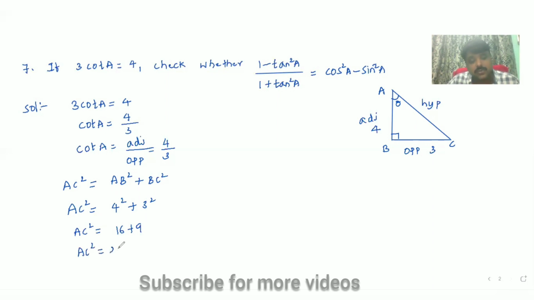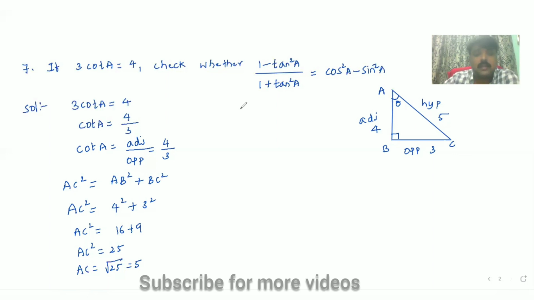AC square equals 25, or the value of AC is square root of 25, it is obviously 5. Now we got the value of hypotenuse as 5. We need to remember some Pythagorean triplets: 3, 4, 5; 7, 24, 25; similarly 6, 8, 10; and 5, 12, 13. We need to remember some Pythagorean triplets compulsorily.